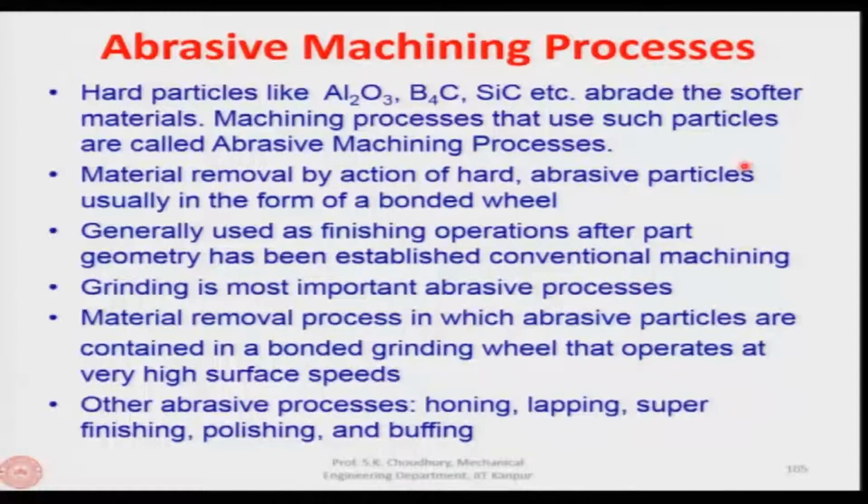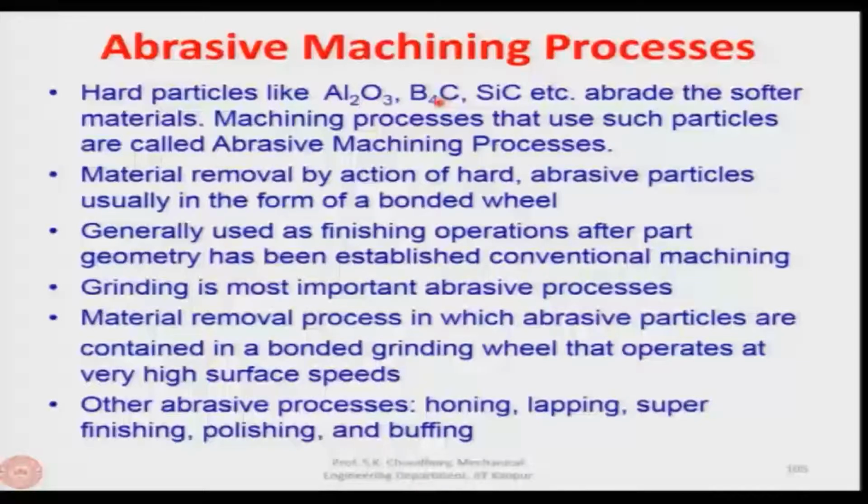Now, our idea will be to also discuss the abrasive machining processes, because these differ from the single point cutting tool or the multi point cutting tool like drilling or milling, in the way that here we have a lot of single point tools, and each grain is supposed to be a tool.